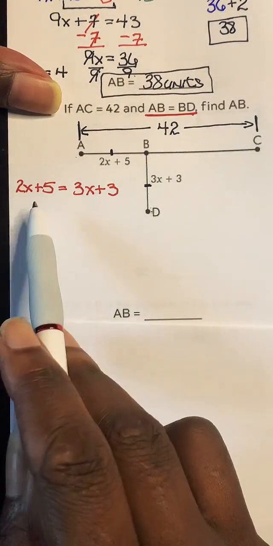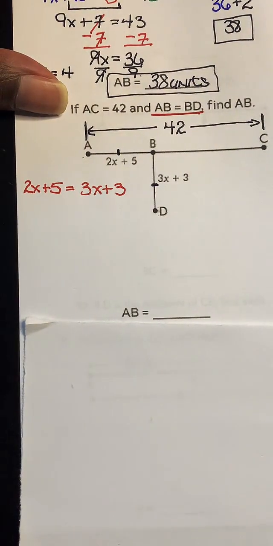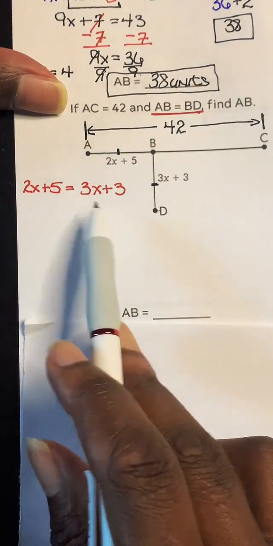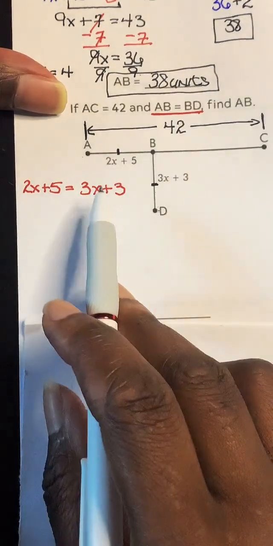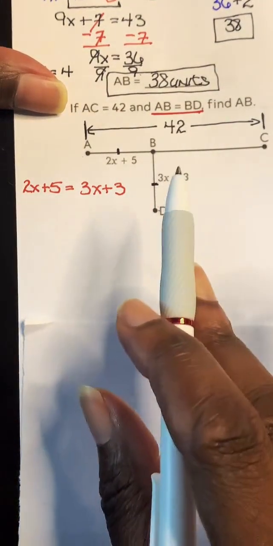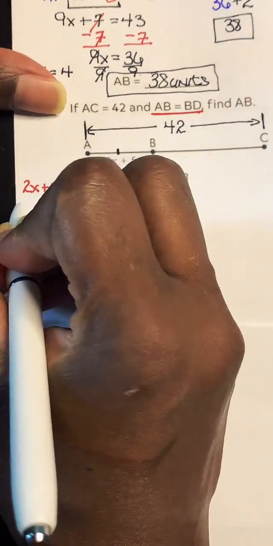All right, so now we have them set equal to each other, and we want to solve for x. That means we want to put our x on one side or the other side of the equal sign. A lot of us like to just deal with positive numbers, so this is what some people do.